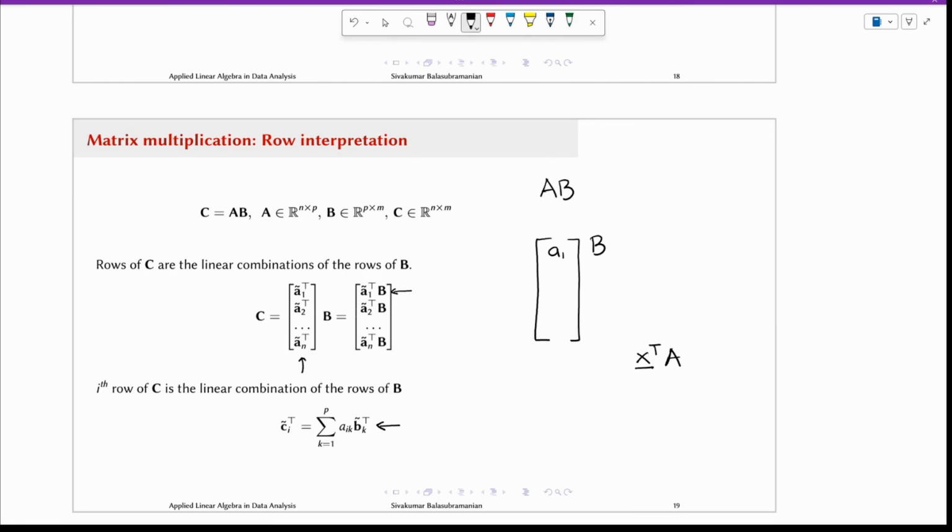Okay? And the exact mixture of the linear combination is given by the individual rows of A. The ith row of C is a linear combination of the rows of B, and the exact mixture is given by the ith row of A.